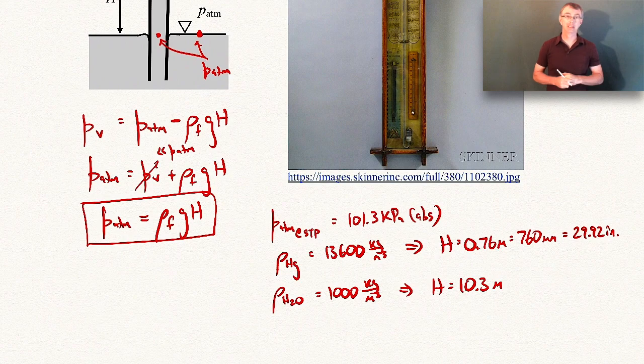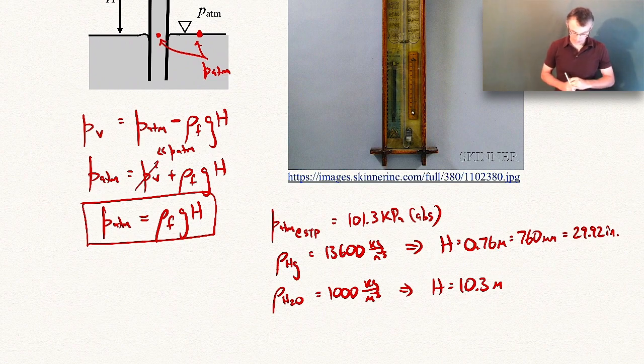Making a barometer with water as your working fluid is very inconvenient. It's not going to fit in the laboratory. It's going to fit on the side of a tall building. So you're just not going to use water. It's just too inconvenient. Even though mercury is toxic to handle and you have to be careful with it, it's so convenient that it's the default fluid for barometers.